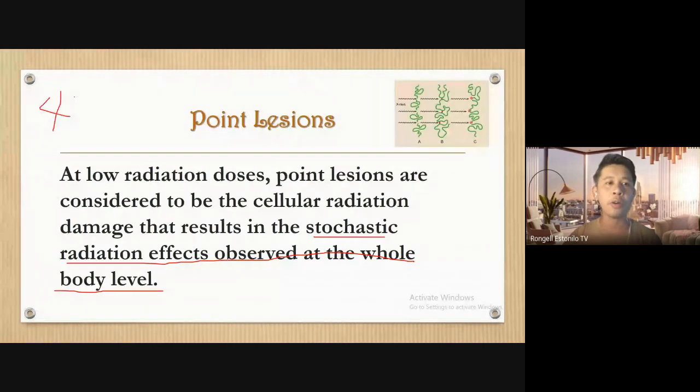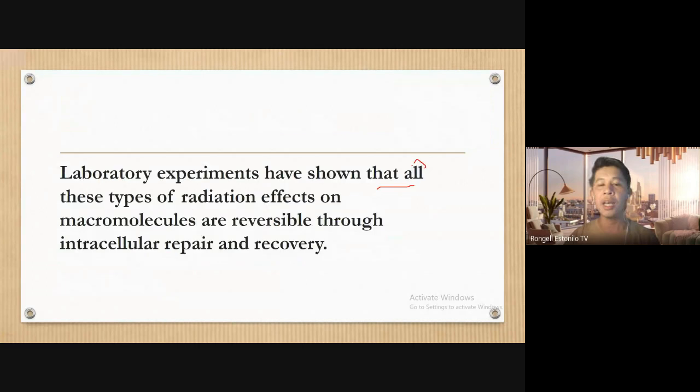If you can still remember the 4R, we have the radiation, the response, the repopulation, and the recovery. So, point lesions are considered to be the cellular radiation damage that results in the stochastic. Sinabi natin stochastic, di ba, late effect of radiation observed at the whole body level.